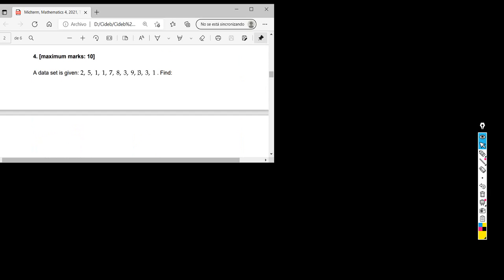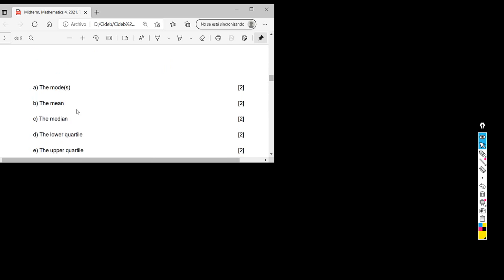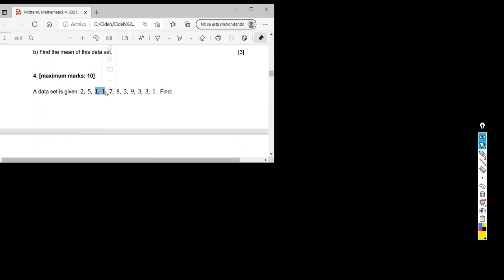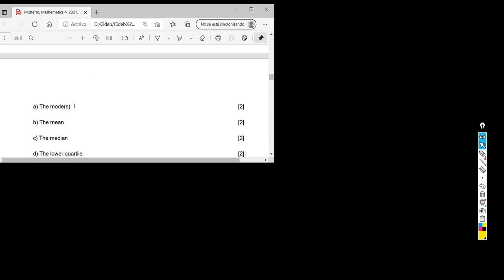The mode is clearly the number 1 with 3 frequencies, and the number 3 with also 3 frequencies. So the mode is 1 and 3.